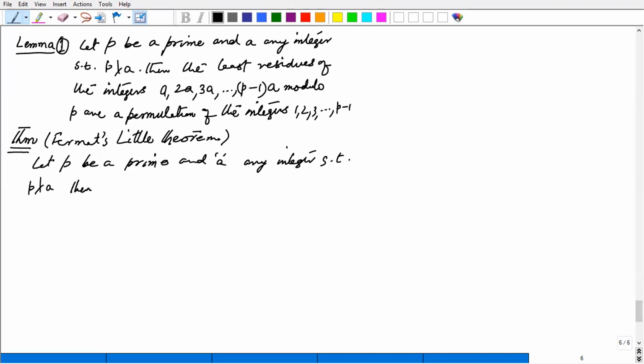Then a to the power p minus 1 is congruent to 1 modulo p.